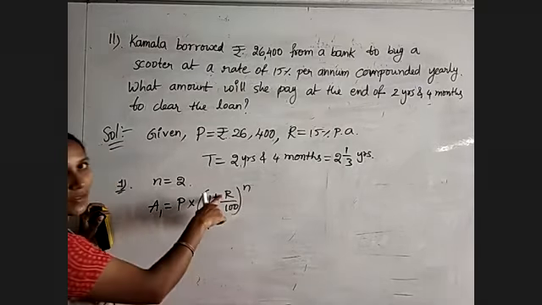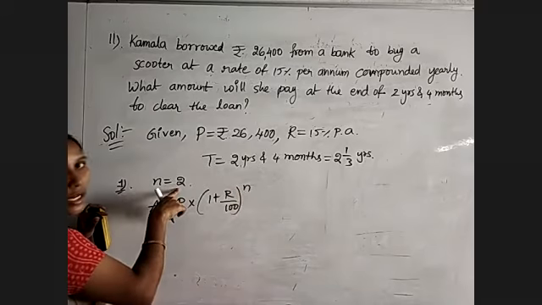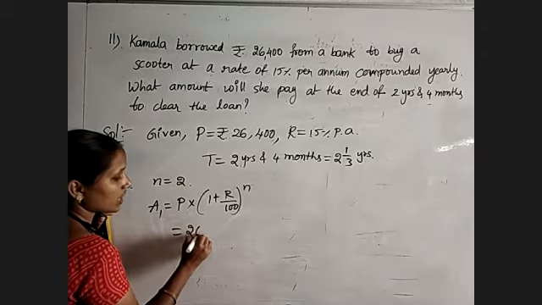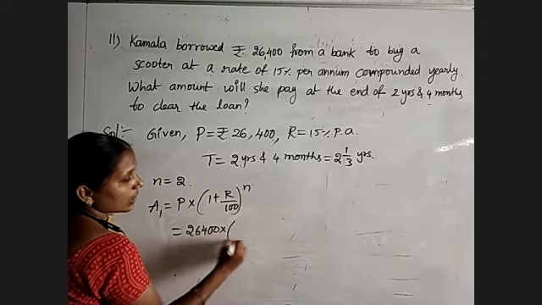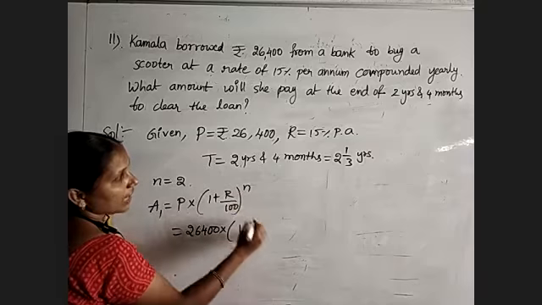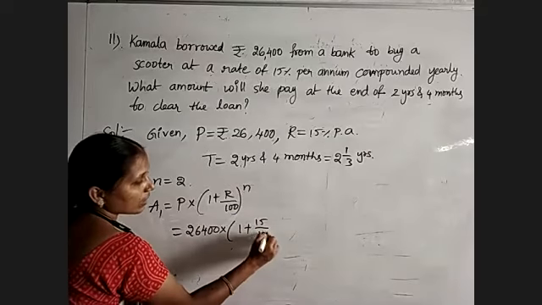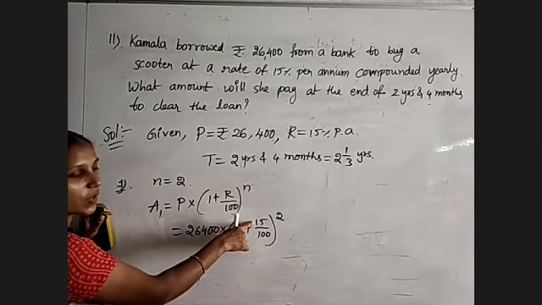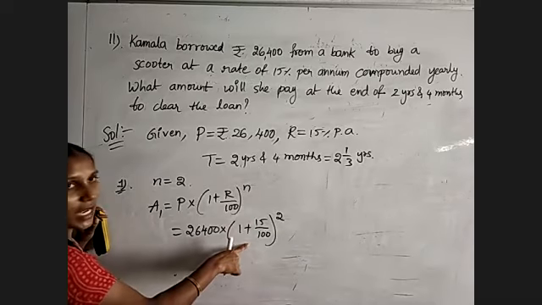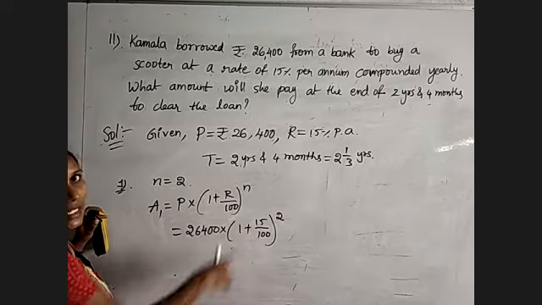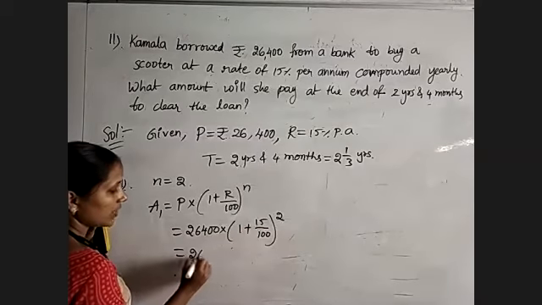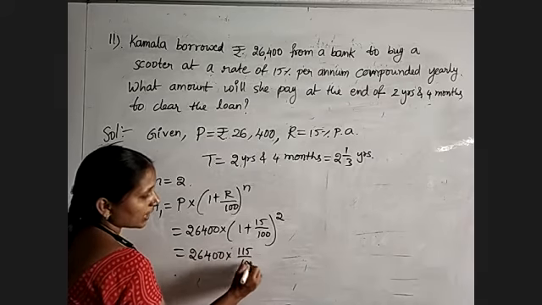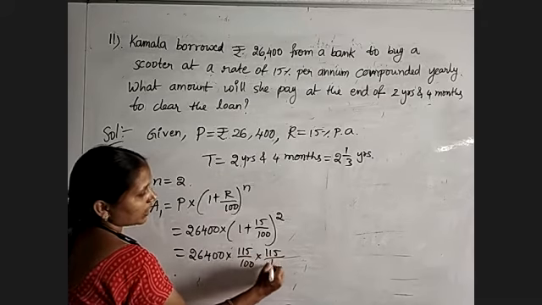The R value will not change, and we consider only the whole number. So this is 26,400 into 1 plus 15 by 100 whole to the power of 2, which is 26,400 into 115 by 100 into 115 by 100.